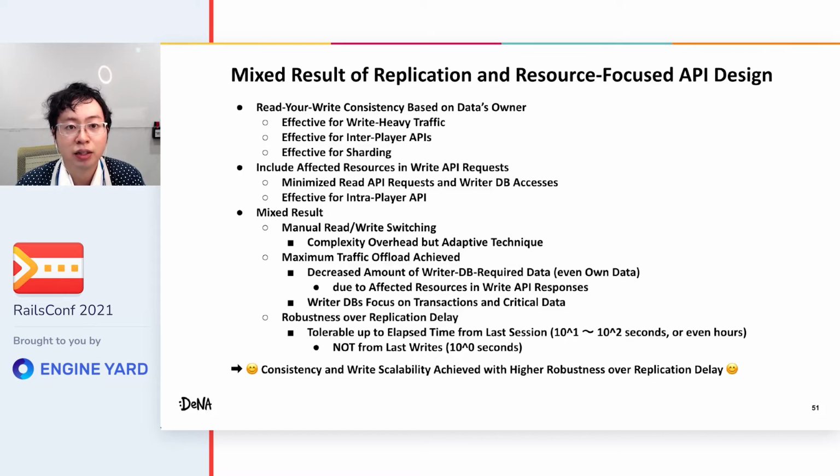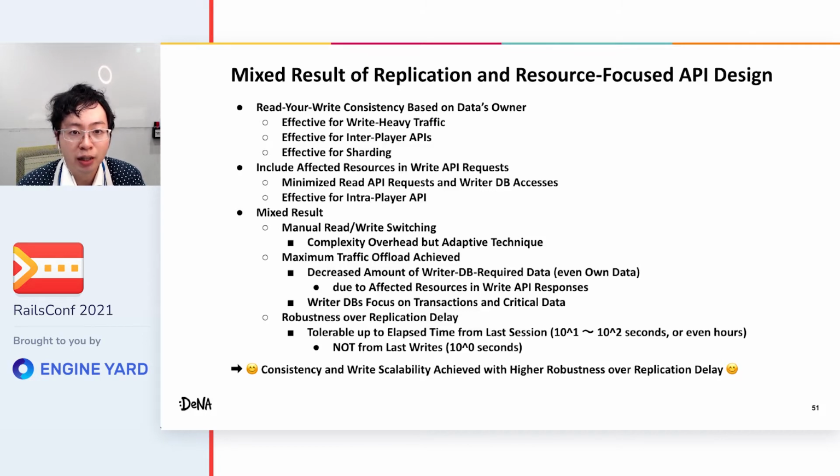On the other hand, including affected resources in write API response is effective for minimizing read API requests and writer database accesses. Also, it is effective for intra-player API.